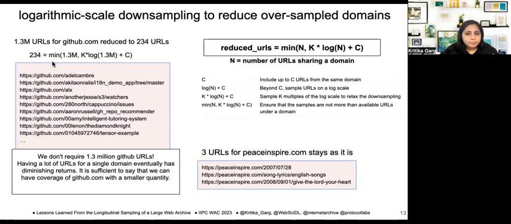In this case, 1.3 million is the n, and the output that we got is 234 URLs. The K and C values were decided based on the yearly samples. Through this technique, while we were able to downsample github.com, the 3 URLs for peaceinspire.com stay as they are.